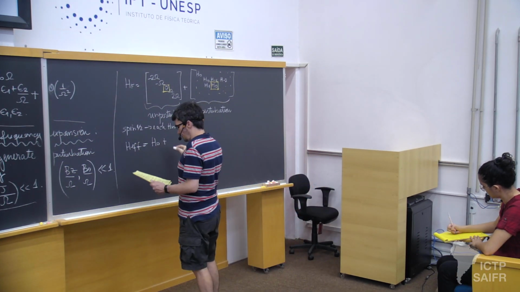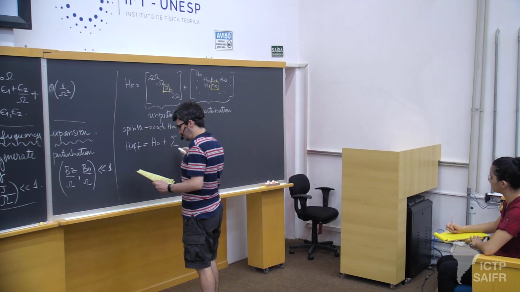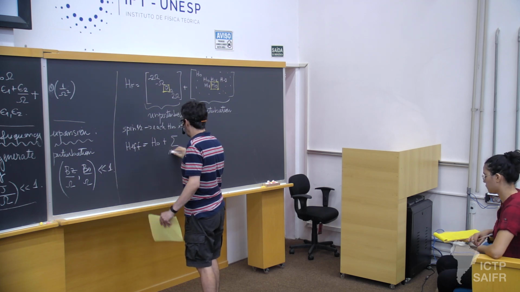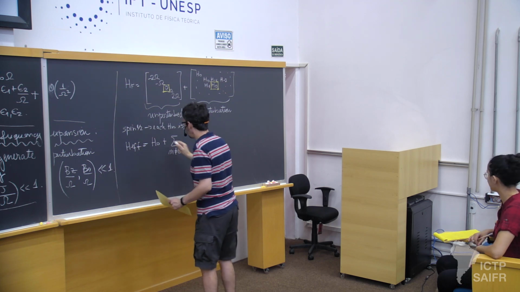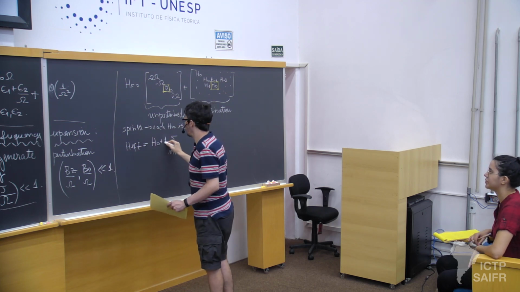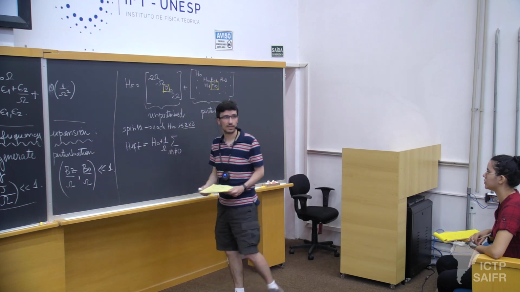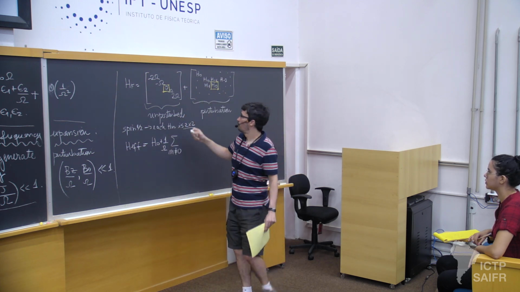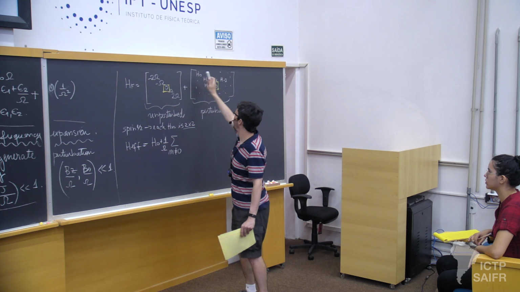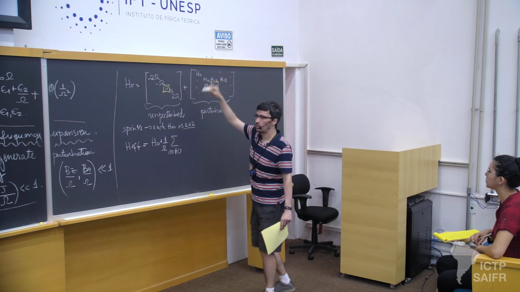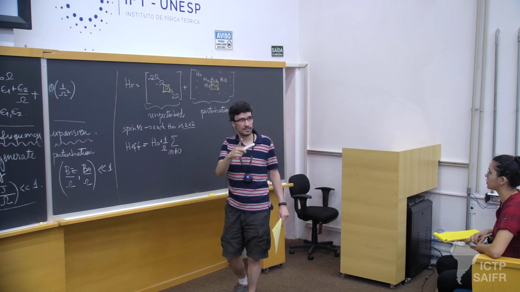So the next term in this series is the sum over m not equal to 0. First thing that we know here, it has to have 1 by omega. Basically, you start from here, you visit some sector, and then you come back. It's always like this.